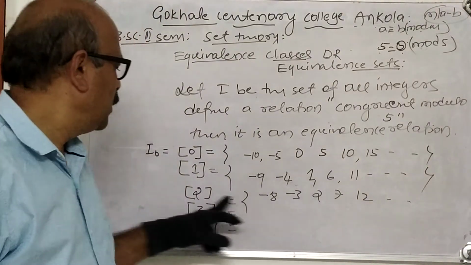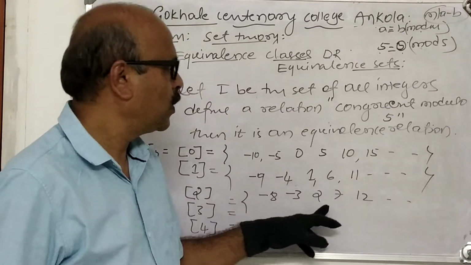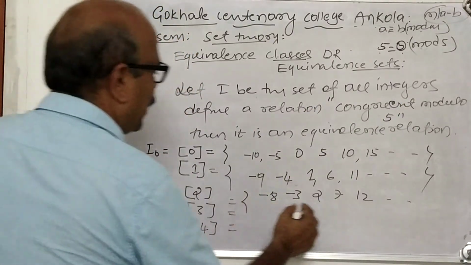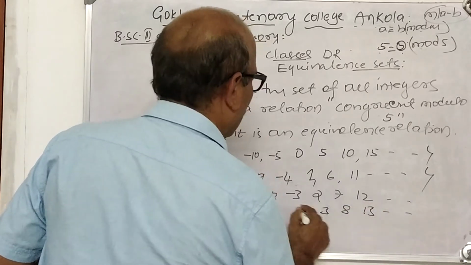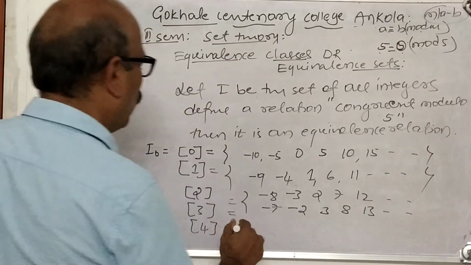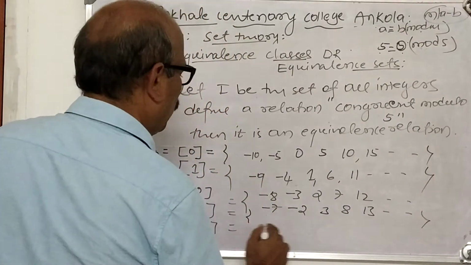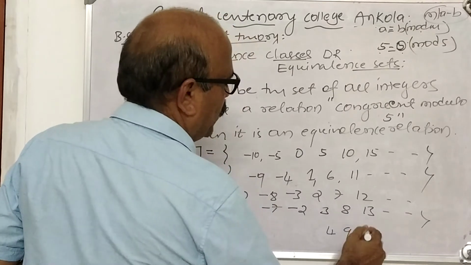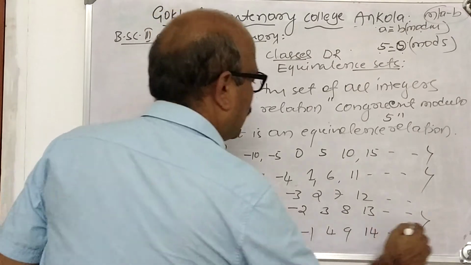This consists of integers congruent to 2 modulo 5. 7 is congruent to 2 modulo 5. The class of 3 is 3, 8, 13, and so on, minus 2, minus 7. And 4 means 4, 9, and the next one is 14, and so on, minus 1, minus 6, etc.